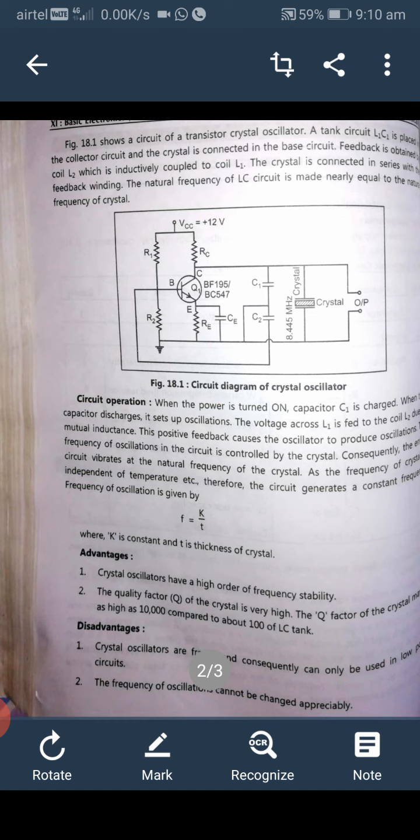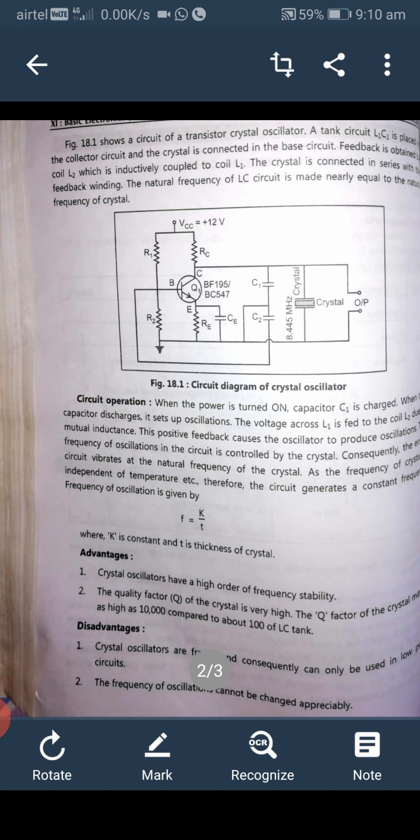The figure shows the circuit diagram of the crystal oscillator, given in the diagram below. The circuit of a transistor crystal oscillator: a tank circuit L1C1 is placed in the collector circuit and the crystal is connected in the base circuit.